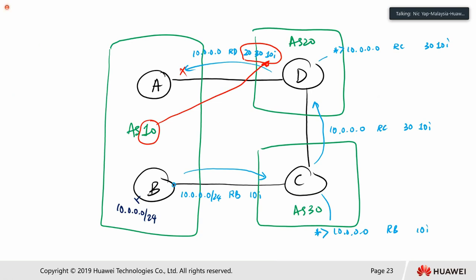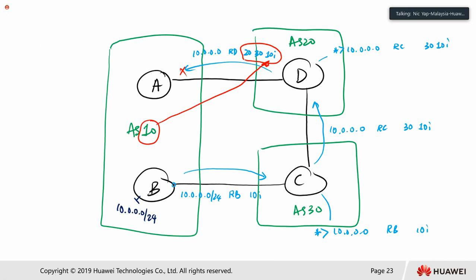That is the method they use to prevent looping between ASs: they check based on the AS path.